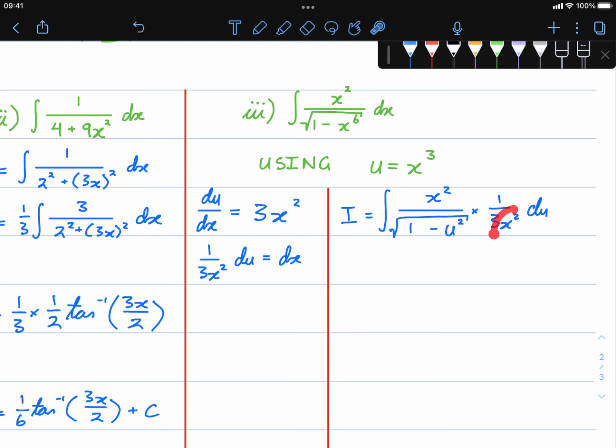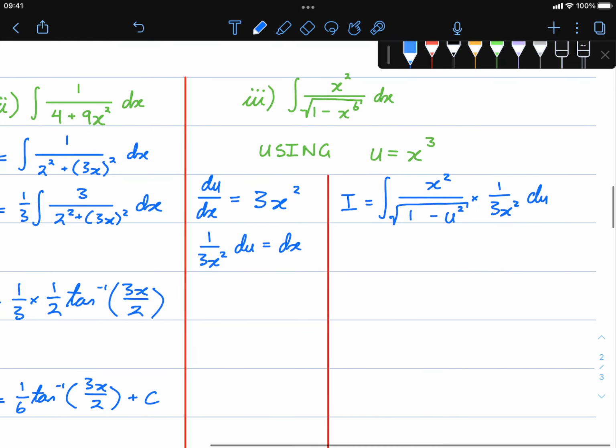Now from here, the x squareds cancel out, which leaves us with this 1/3 hanging out on the outside here. So 1/3 the integral of 1 over the square root of 1 minus u squared du.